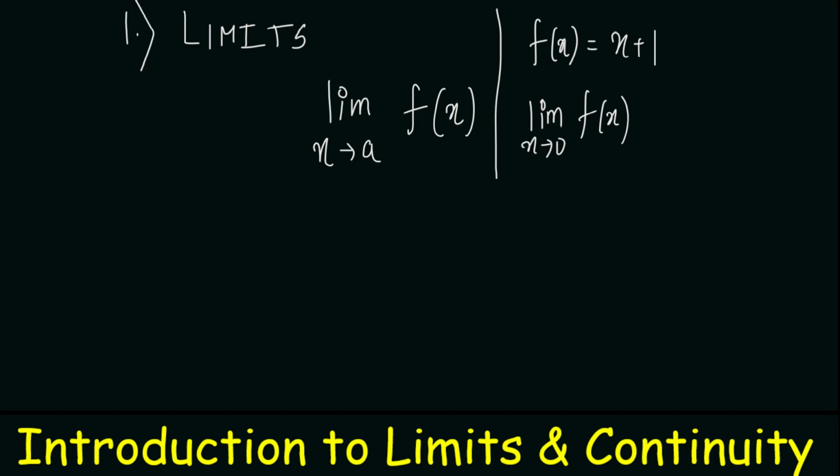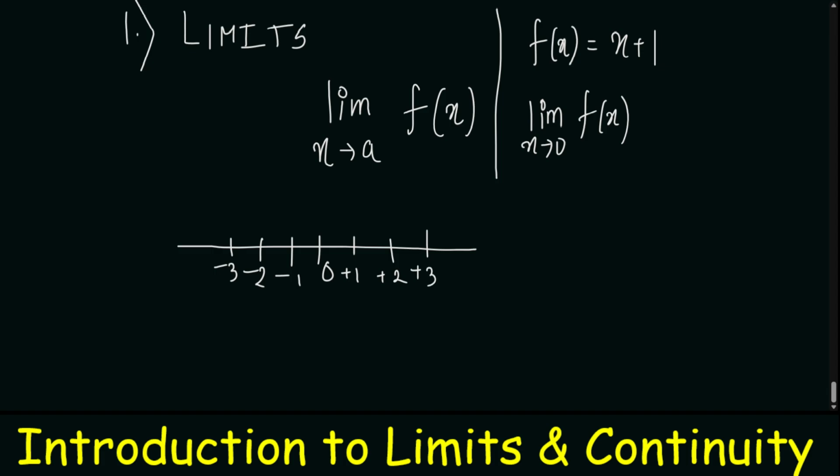Now how the limit actually works is as follows. Imagine the number line here, and let's say this is the origin. On the left hand side of the origin, you have all the negative numbers, minus 1, minus 2, minus 3. On the right hand side, you have all the positive numbers, plus 1, plus 2, plus 3, and so on. Now, we can zoom in on this part and understand what happens when limit x tends to 0 is applied.